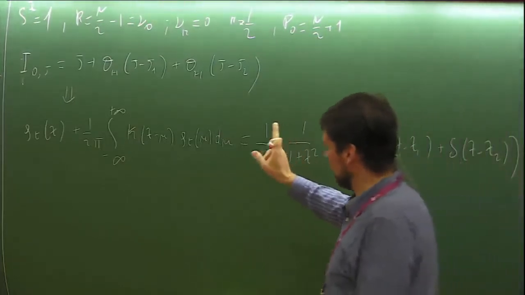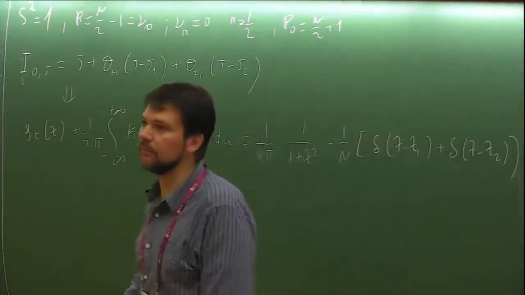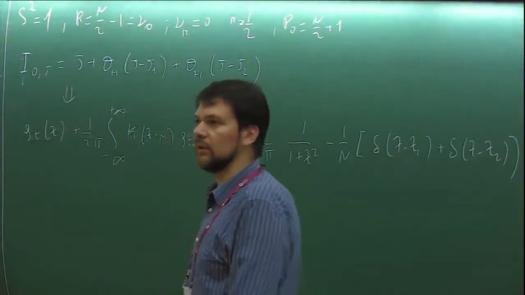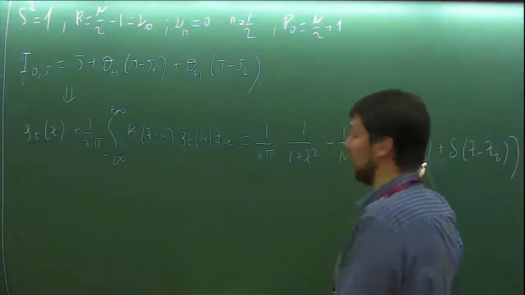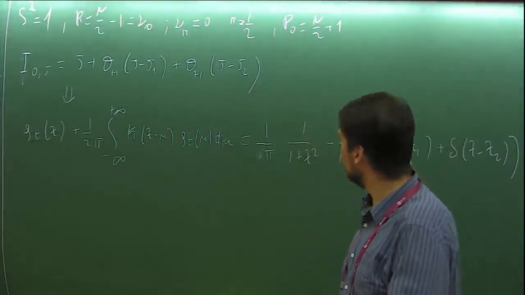So the solution of this contribution is again an integral equation on the whole real line. You can move to Fourier space. Definitely the Fourier transform of this delta function is even easier than this one.